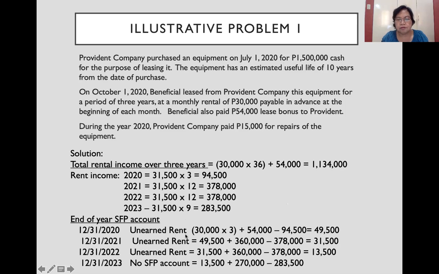If we have a reverse situation, if collection is less than the amount of rent income that is recognized, then we shall have rent receivable. In the statement of comprehensive income, we are presenting rent income as computed here. Then in addition, we shall present depreciation expense on the lease asset and the executory cost, in this case, repairs.